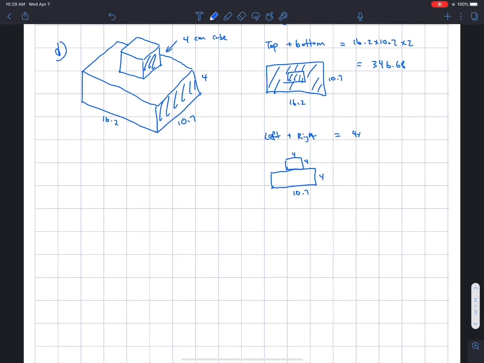So this is 4 times 4 plus 10.7 times 4, and then times 2, because the left and right piece are exactly the same. I type this into the calculator: 4 times 4 plus 10.7 times 4 times 2. We get 117.6.